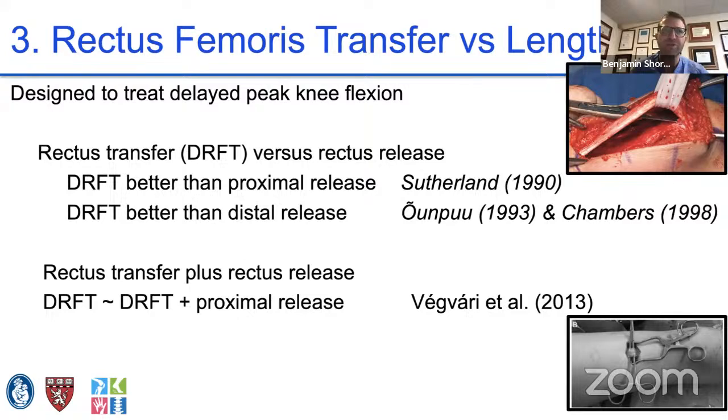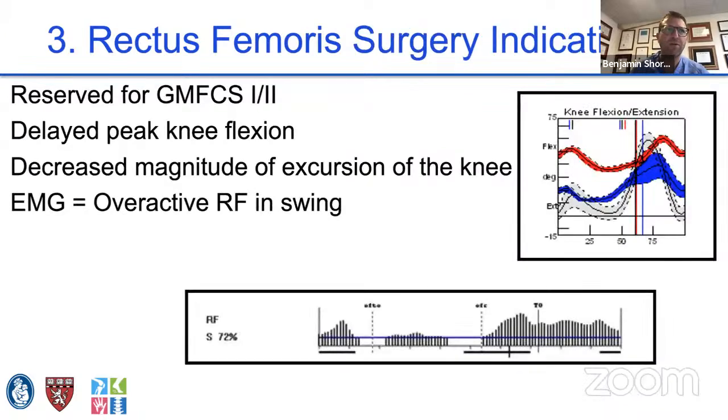There's those that do intramuscular lengthenings, and then there are those that do a rectus transfer. The rectus surgery in general is reserved for GMFCS level 1 and 2 children who have decreased peak knee flexion that's also delayed. You can also look at the EMG to see overactivity of the rectus femoris in swing, as you can see on these two images.